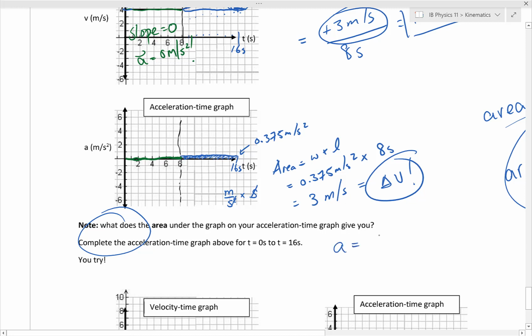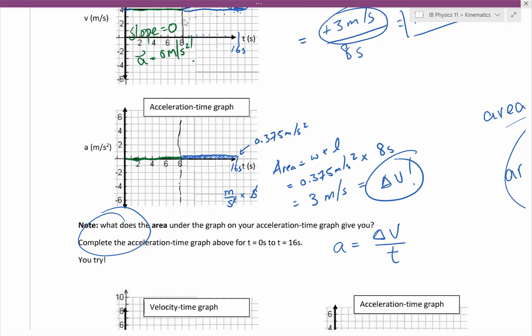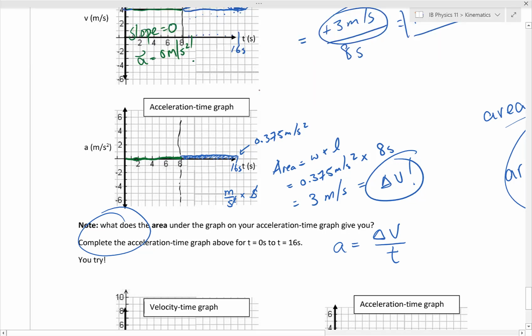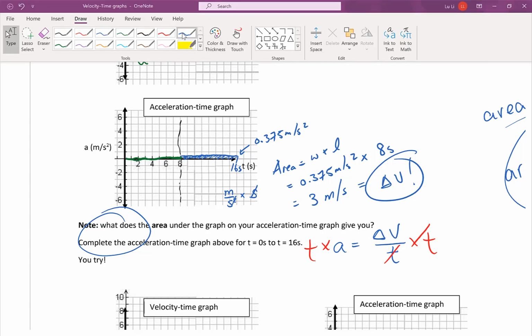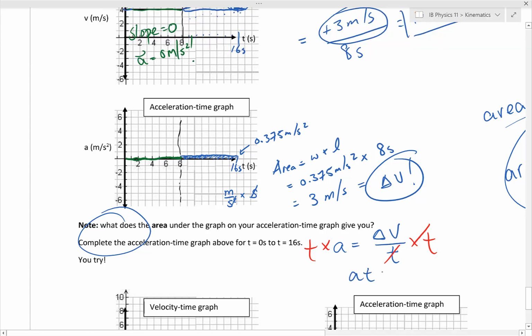Recall that the definition of acceleration is change in velocity over time. So let's rearrange this a bit. If we move time to the top, we get acceleration times time is equal to change in velocity.